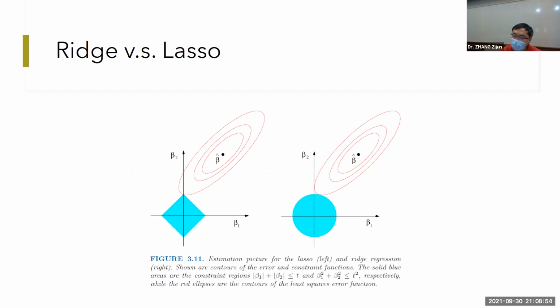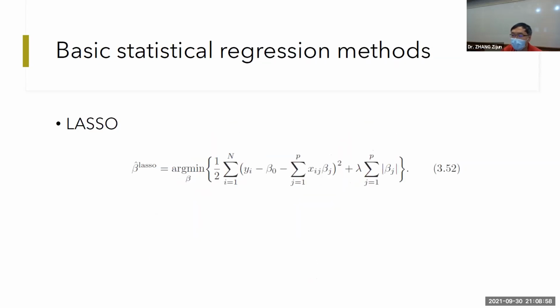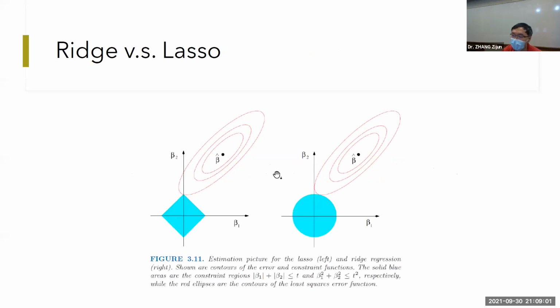Okay, and why lasso can minimize the attributes to 0 and why ridge cannot, we will look into this very famous figure. In this figure, the contour means the error space, or the loss space, of that regression model.